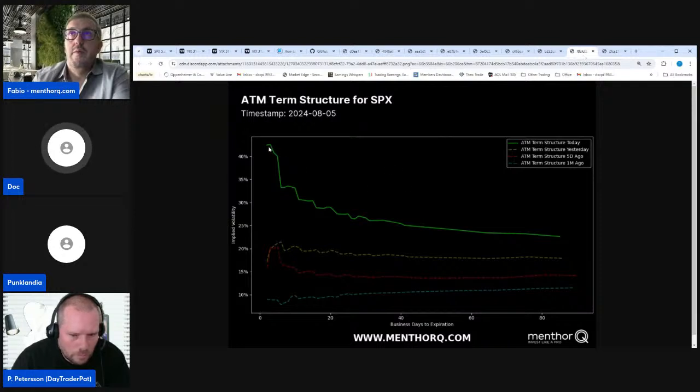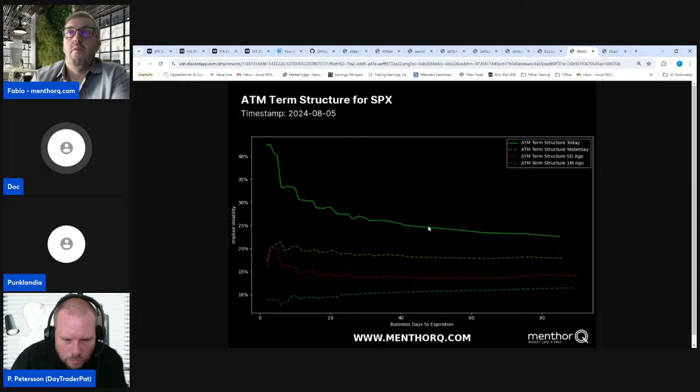The term structure, you can see that we're in backwardation. So near-term volatility, traders are expecting volatility and maybe downside to keep up. But within a few days, the volatility is flattening out.